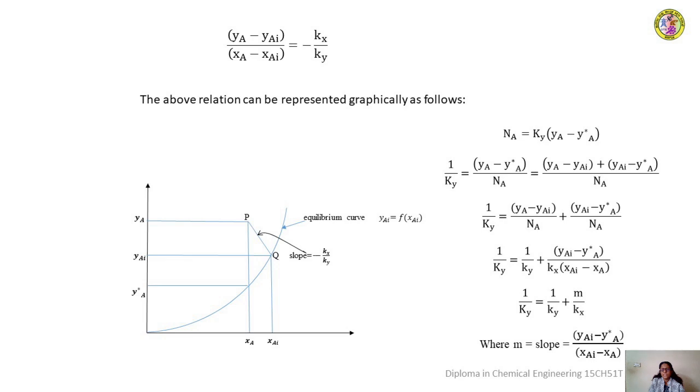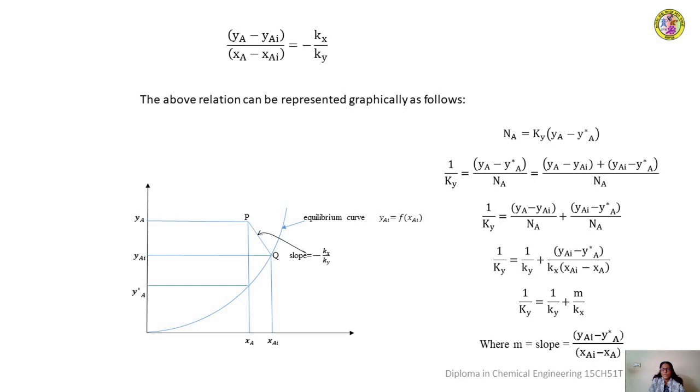So, just rearrange this equation. It becomes 1 by Ky is equal to YA minus YA star divided by NA. Now, for the purpose of introducing the term YAI, let us expand the numerator of the right hand side by just adding and subtracting YAI.